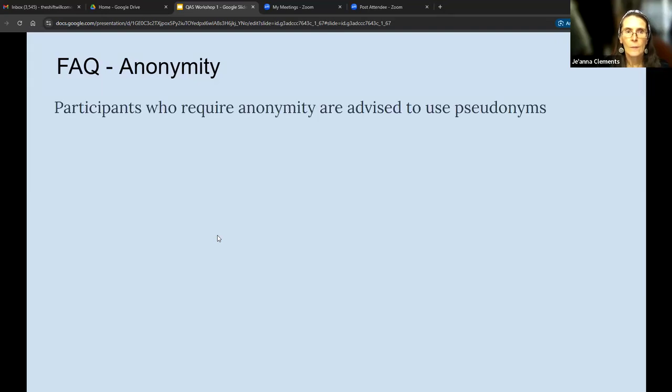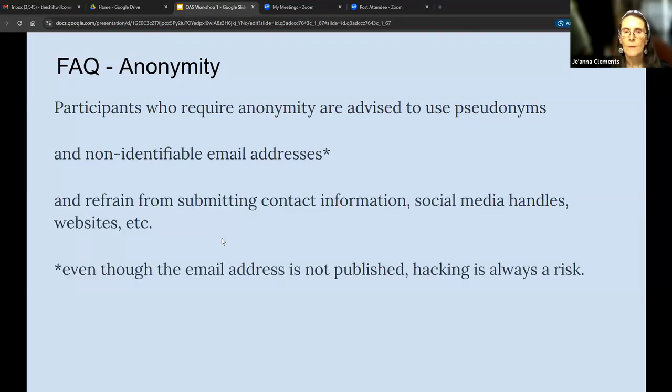So we do allow people to post anonymously, but we aren't able to look after your data for you securely. We're a completely volunteer-run, money-free network. So what we would advise you to do is to use a pseudonym and a non-identifiable email address, because although we won't be publishing your email address, hacking is always a risk. And then you obviously wouldn't include things like your contact information on your form.